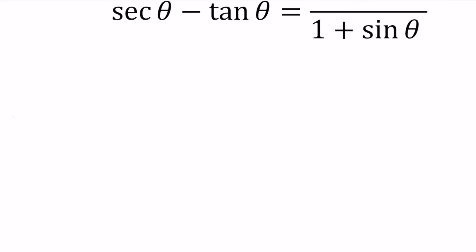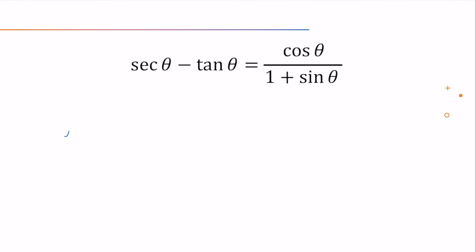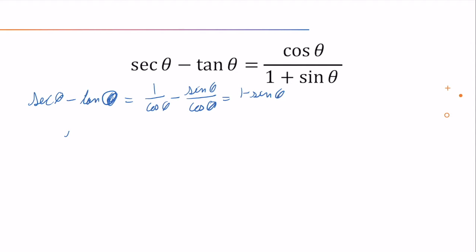So secant theta minus tan theta, my thetas are so lazy, equals 1 over cosine theta minus sine theta over cosine theta. Okay, now I have 2 quotients with the same denominator. I'm going to go ahead and write these as 1 minus sine theta over cosine theta.